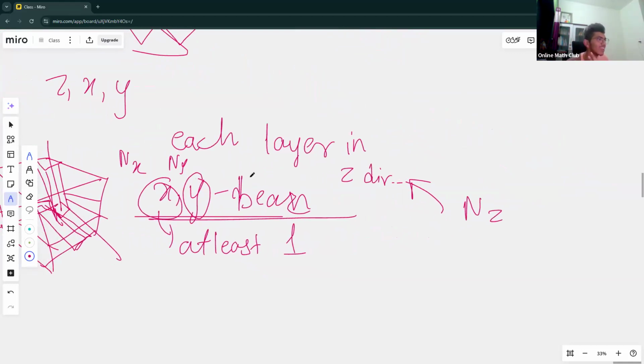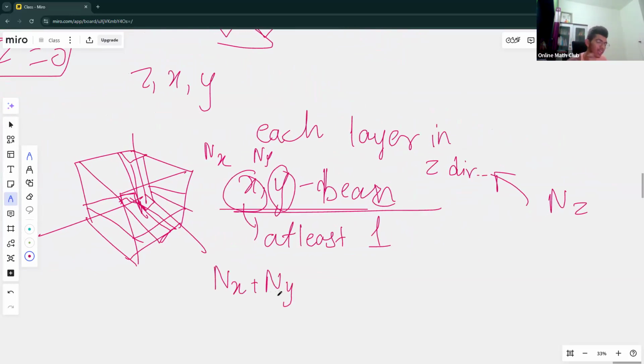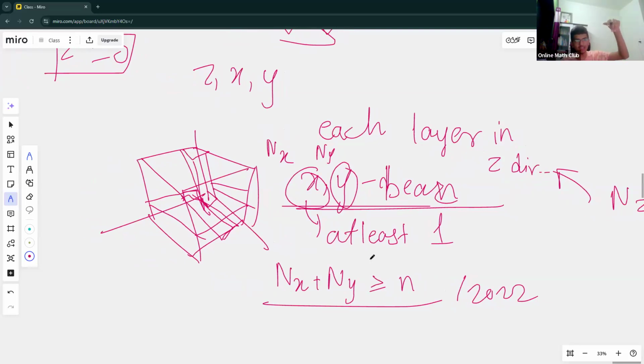Then we have nx plus ny is greater than or equal to n, or in our case 2022. Because each time we need at least one, for n layers we need at least n of these. And we consider only the z direction, because we have one z beam, right?